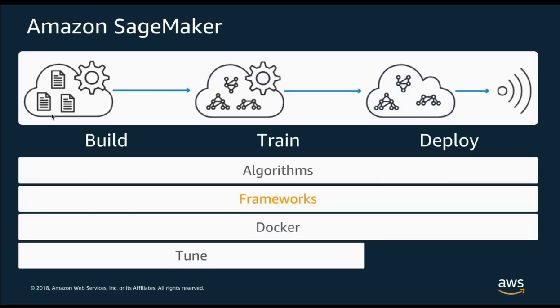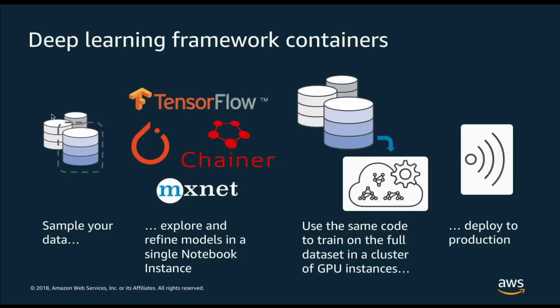When we think about the deep learning framework containers, our goal was to design an easy way of working in which you could sample your data, train locally in a small instance, debug your TensorFlow, PyTorch, Chainer, or MXNet scripts, refine your network architecture, get something you're comfortable with, and then use that same code but deploy it to SageMaker's managed training instances in order to train on the full data set in potentially a cluster of many GPU instances.